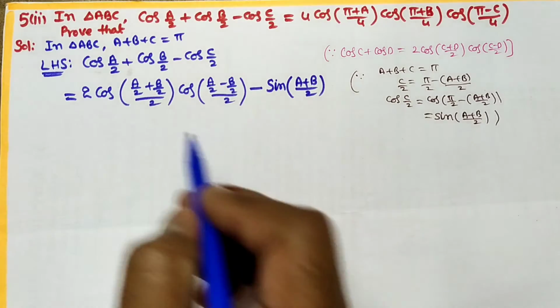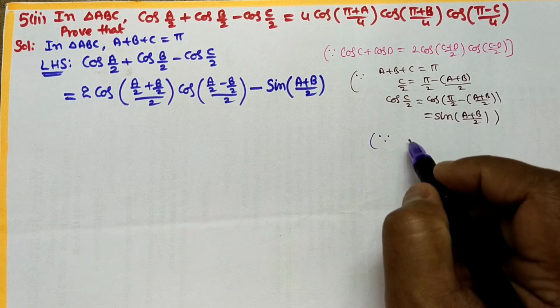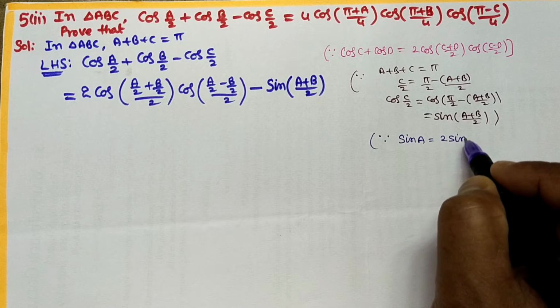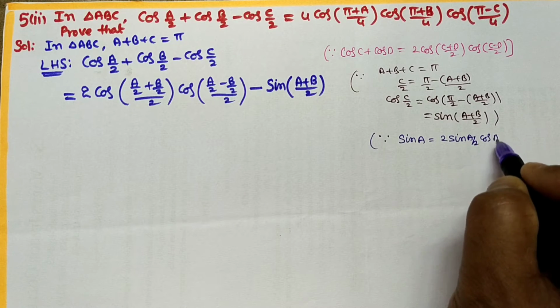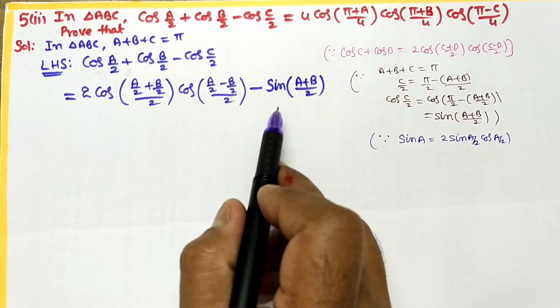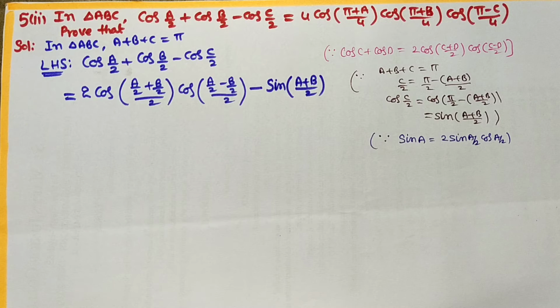So now come to the question. After that, sin A can be written, in the half-angle formula, as 2 sin A by 2 cos A by 2. So this last term, sin (A plus B) by 2, can be written as 2 sin (A plus B) by 4 cos (A plus B) by 4. We will write it in the next step.